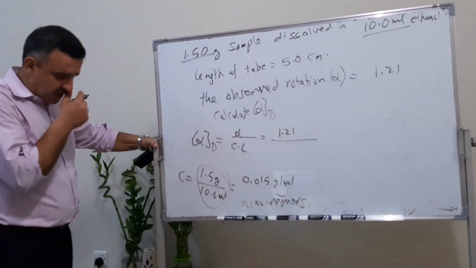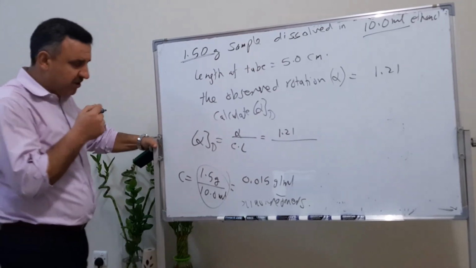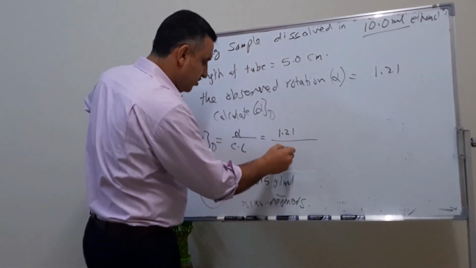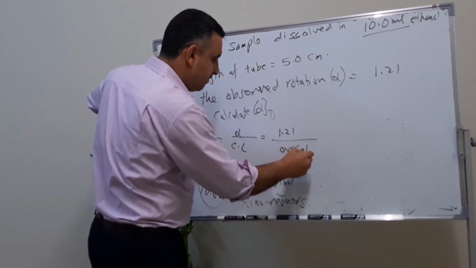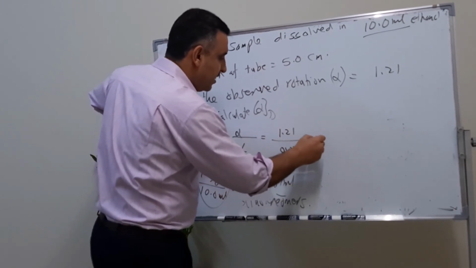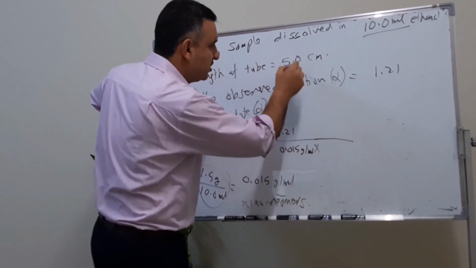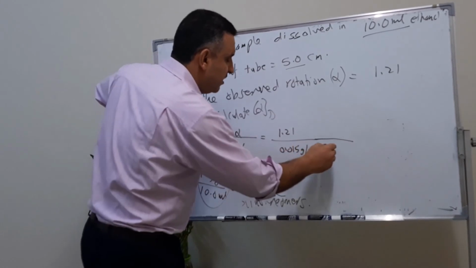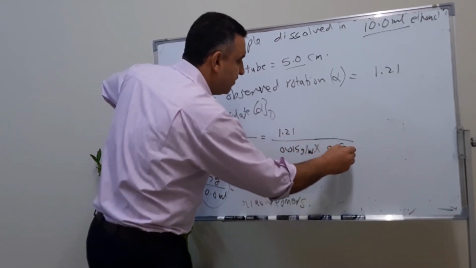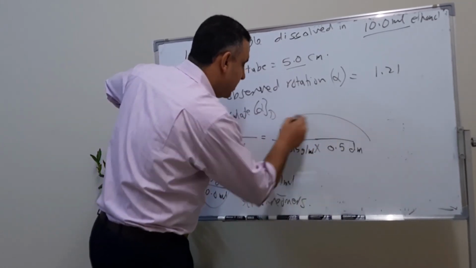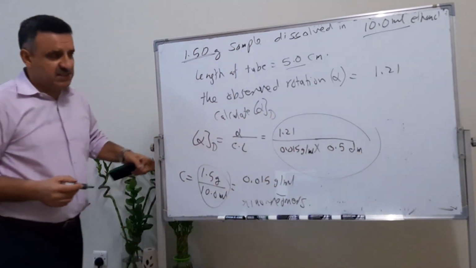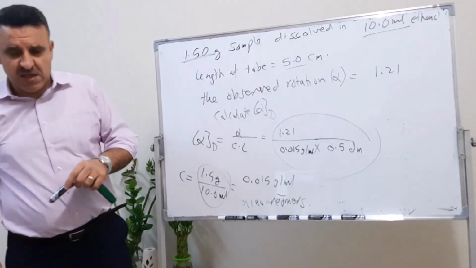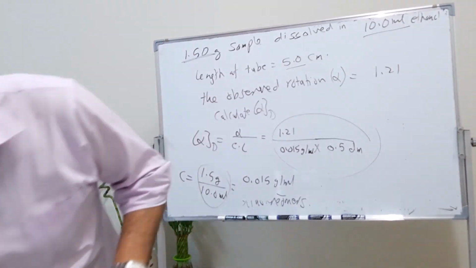Do you follow me? So it is over 0.15 gram per ml times the length of the tube, which is 5 centimeters, equal to 0.5 decimeter.